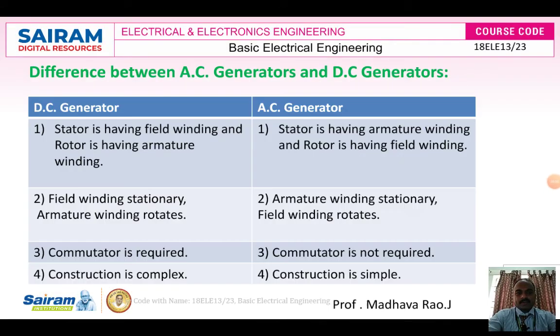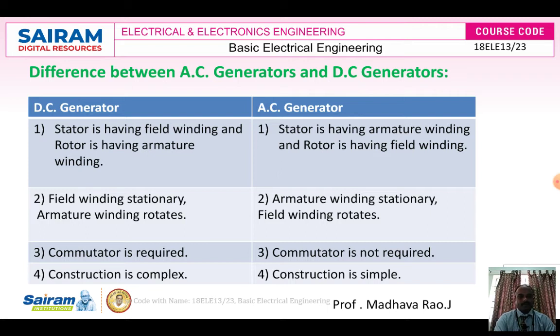Next, coming to the differences between AC and DC generators. In module number 4 we learned about DC generators. Here, what are the comparisons between AC and DC generators? Both will have a stator part and a rotor part, and both will have an armature winding and a field winding.